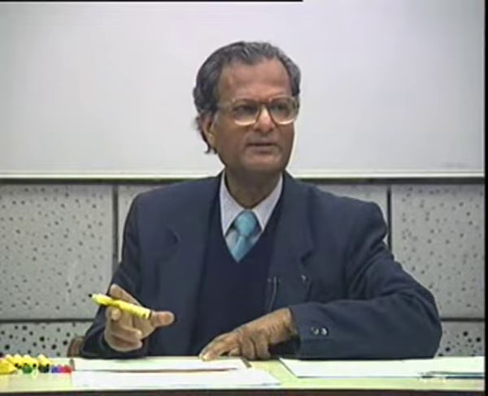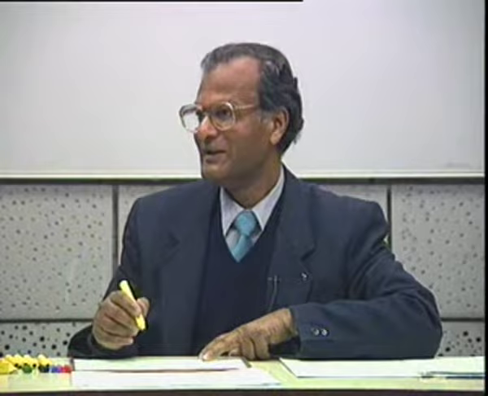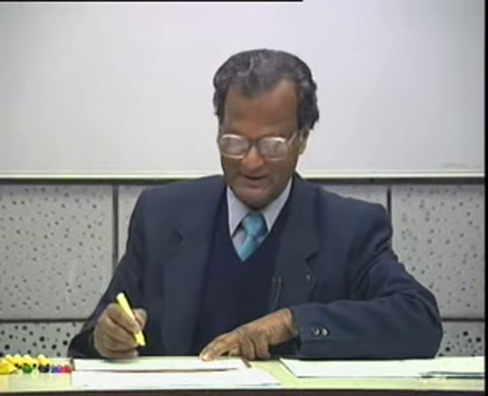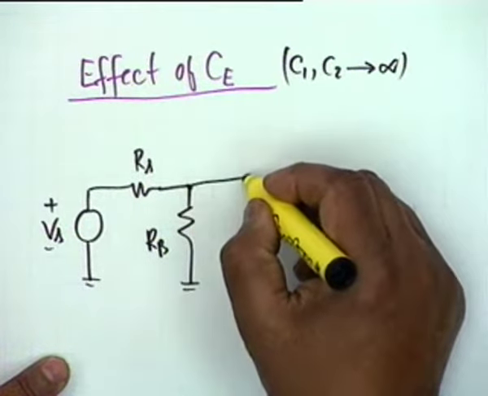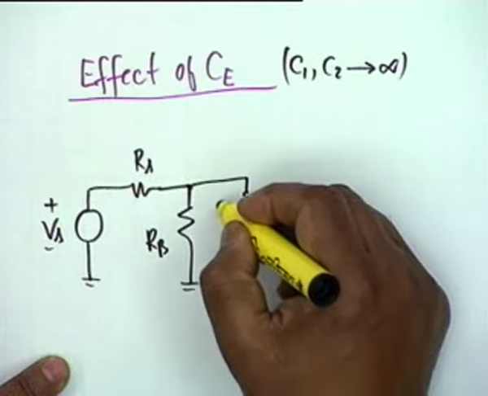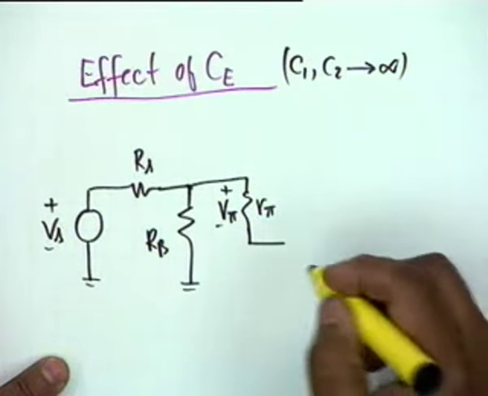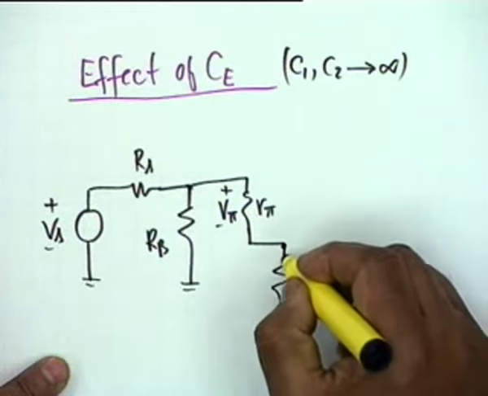We are not considering their effects, okay? Alright. Now we cannot combine RB and R pi, unfortunately, because CE is not a short circuit, and therefore we have to consider them independently. RB and then an R pi, this voltage is V pi. What comes here is a parallel combination of RE and CE.